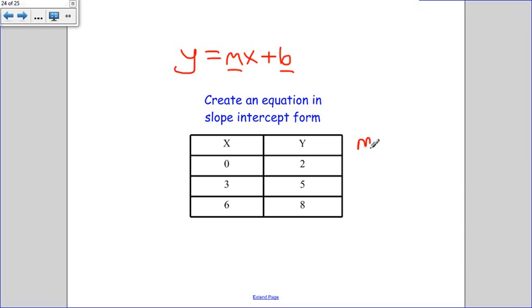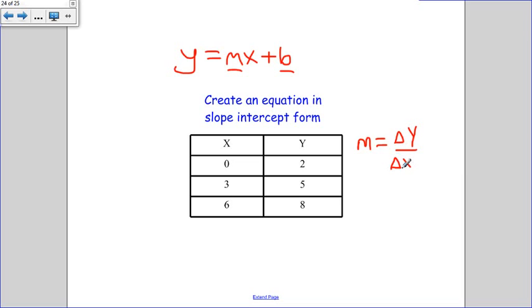slope. Now remember, to find slope, if all we have are points, we are looking for the change in y over the change in x. And the change in is represented by this shape. It's a delta sign. So that means the change in y over the change in x.